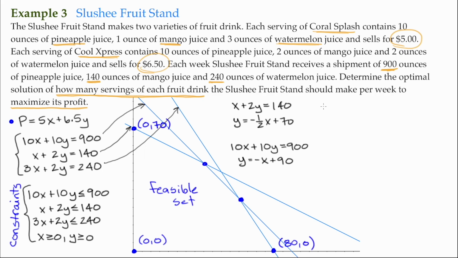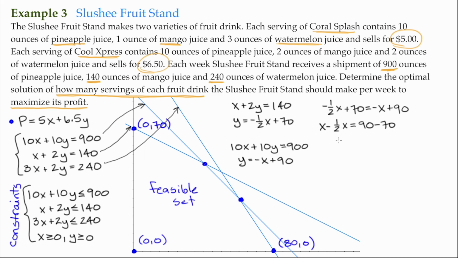So we'll do negative 1/2 x plus 70. That's going to be equal to negative x plus 90. We could add x to either side and subtract 70 from either side. So this will give us x minus 1/2 x, and it's going to be equal to 90 minus 70.